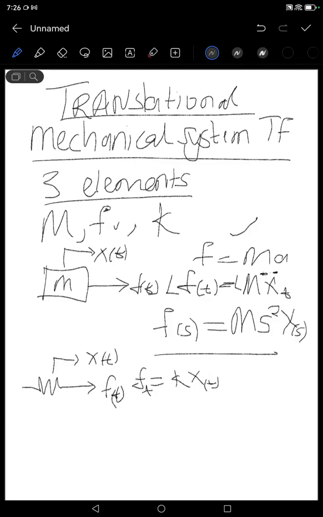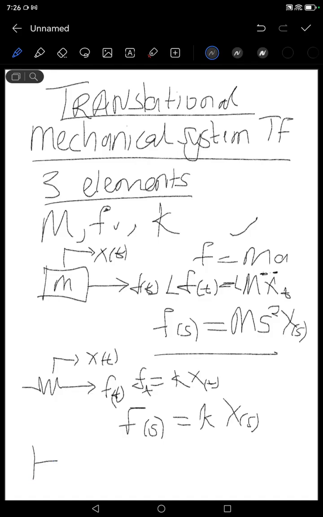When we introduce Laplace on both sides, we're going to have the big letter F of s. Remember, the s shows that we're doing Laplace. It's going to equal k multiplied by X of s. This one shows Laplace. Now for the damper, remember I said we're going to use fv.